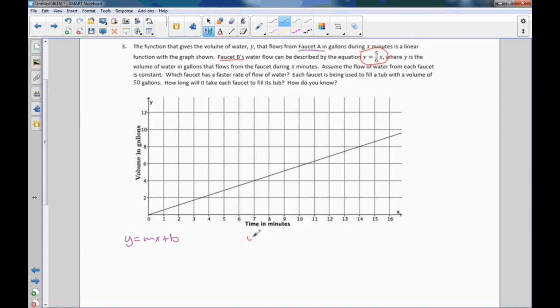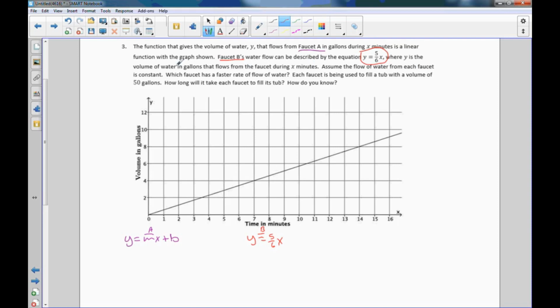So faucet B is going to be Y equals 5/6 x. So this is B, and the other one was A.